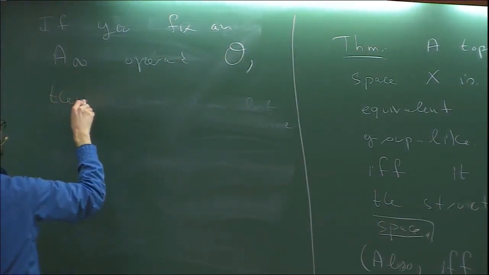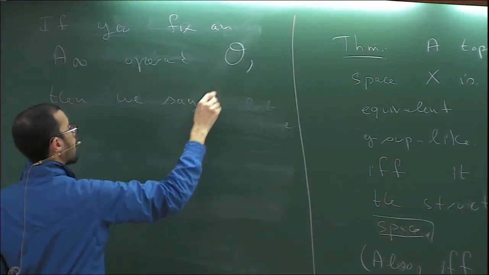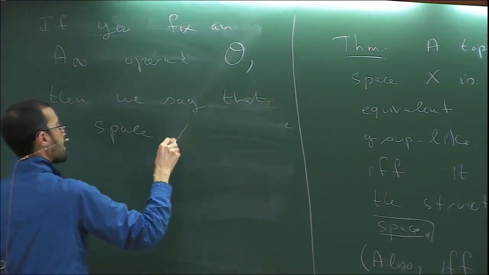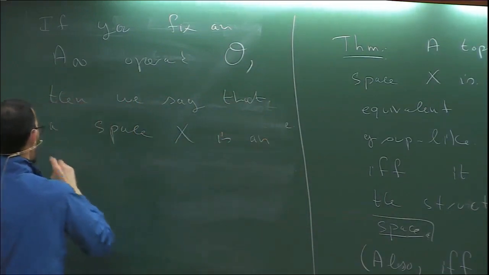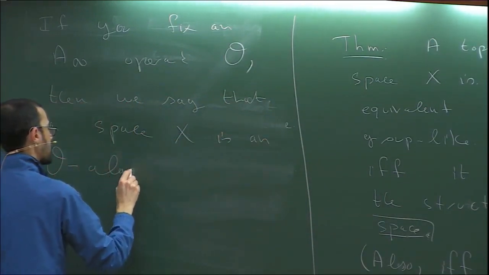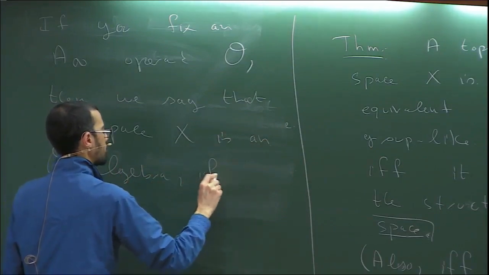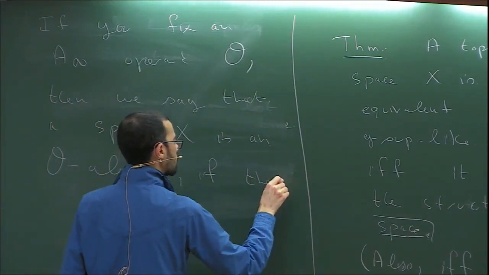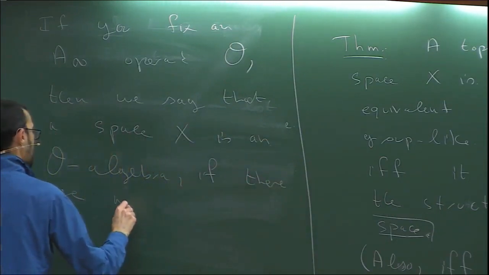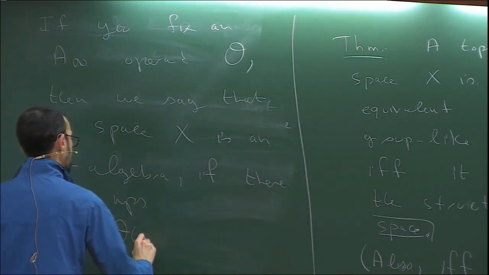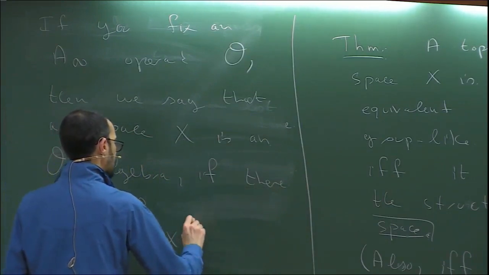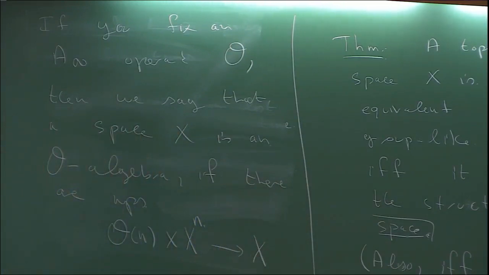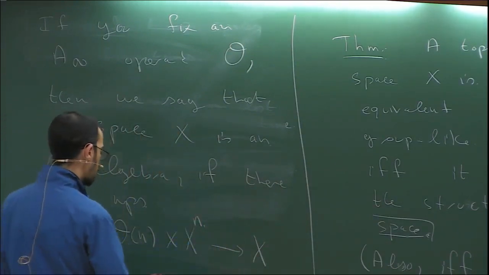Then we say that a space X is an O algebra if, just like last time, there are maps O of n cross X^n to X, satisfying the appropriate associativity properties.